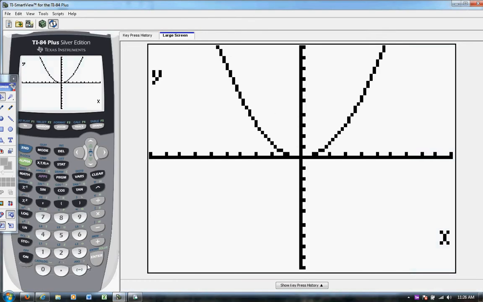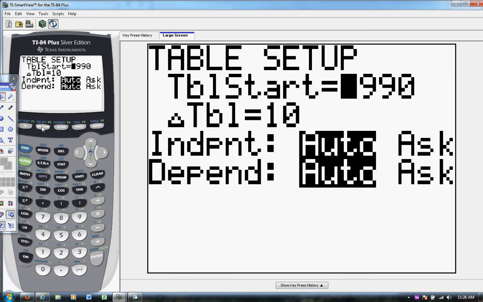Let's go to my table setup. And I want to start at 1.995. And let's go up. Let's make my delta table 0.0001. All right? And then let's go to my table.